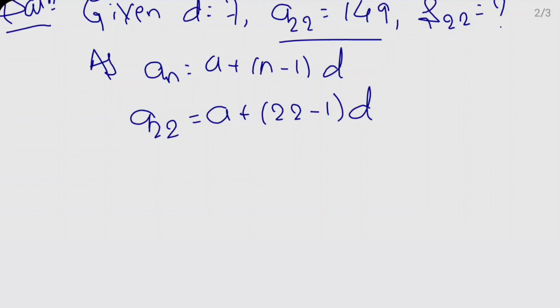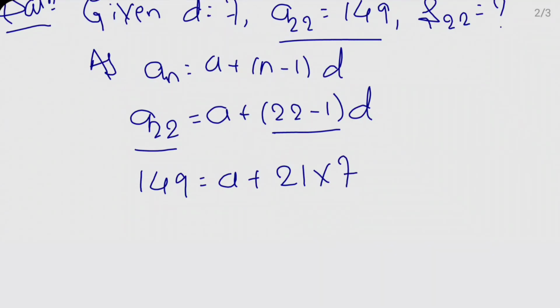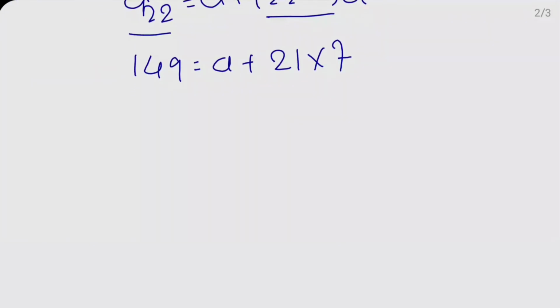So now a22 is 149, they gave that, and a is unknown, keep it as a, and 22 minus 1 is 21 into d, which is 7 here. So 149 equals a plus 21 into 7, which is 147.